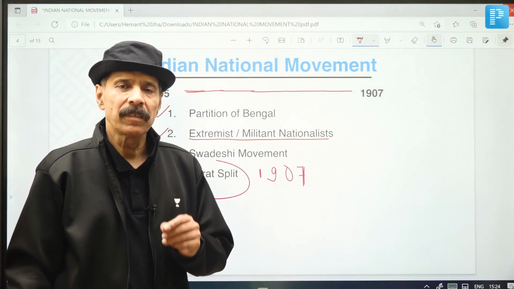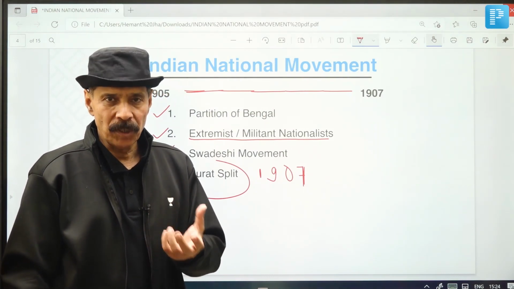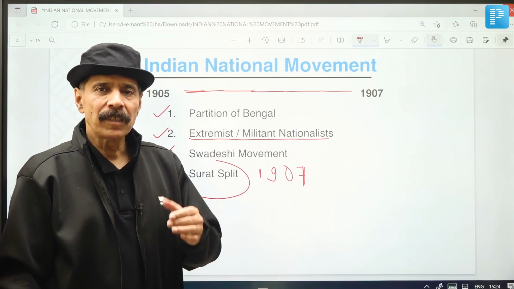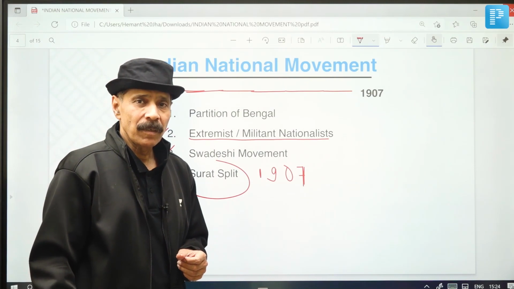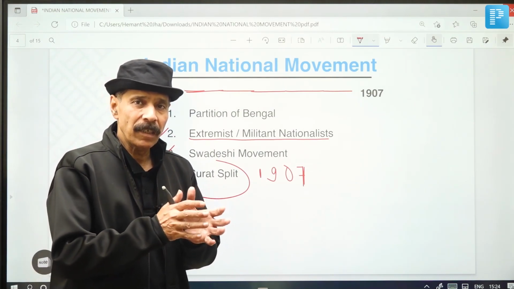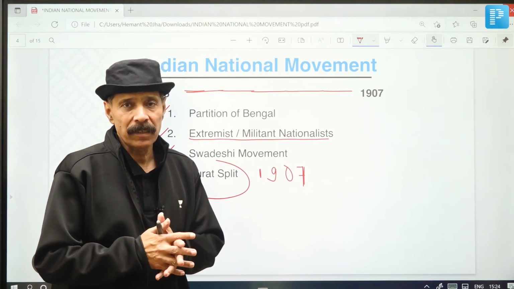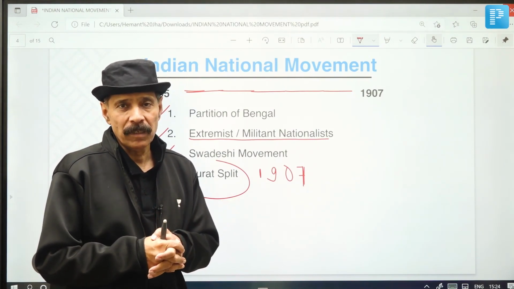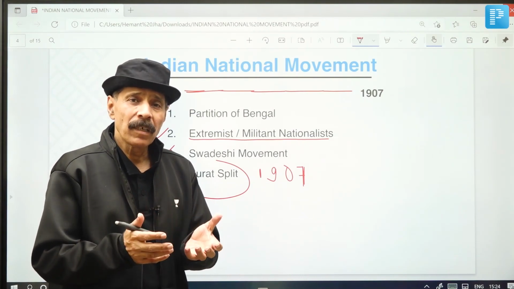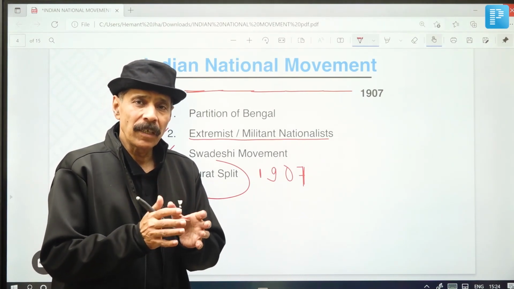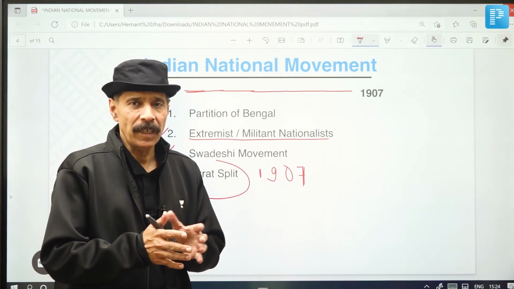The immediate cause of the split was the issue of presidentship. And this issue had emerged in 1906 itself. There was a conflict between moderates and extremists as regards who would be elected as the Congress president in 1906. But this conflict was resolved by both moderates and extremists accepting Dadabhai Naoroji.